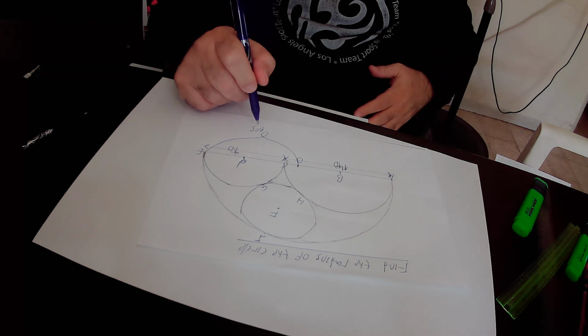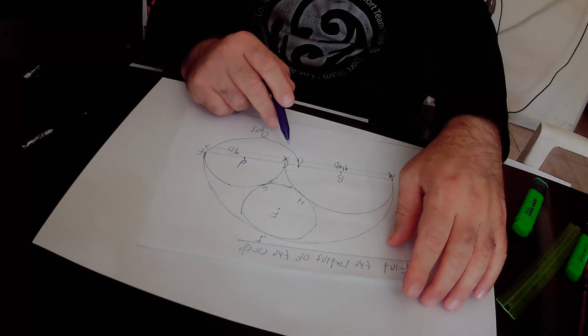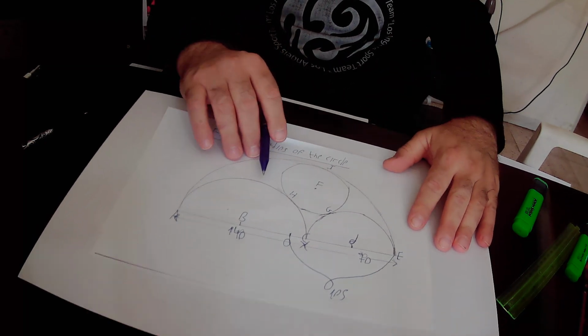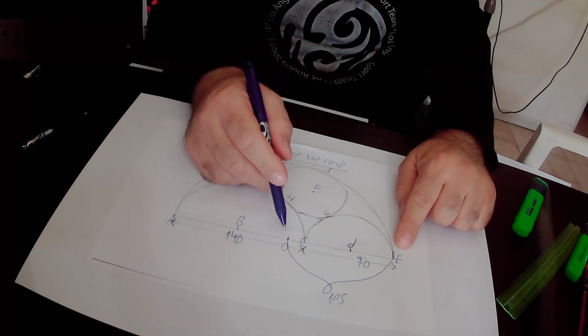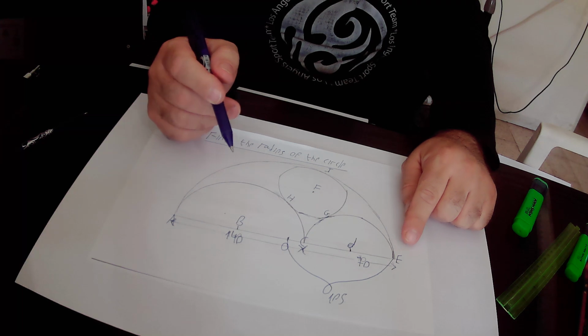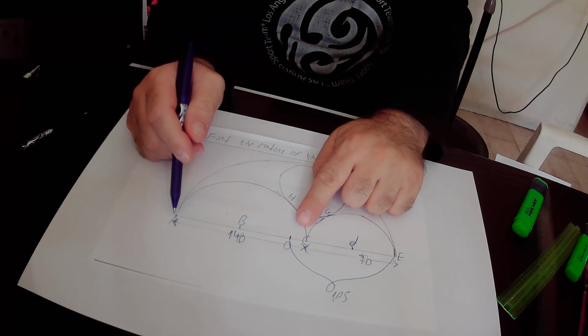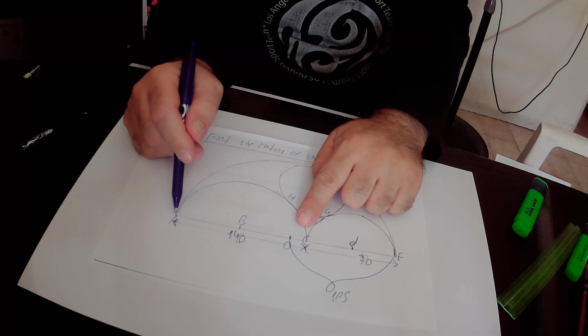Likewise, line segment AO starts from point O, the center of the biggest semicircle, and ends at point A, a point of the biggest semicircle itself.